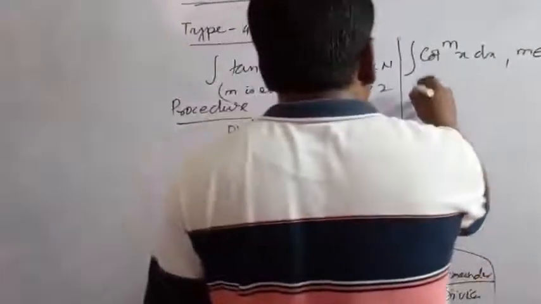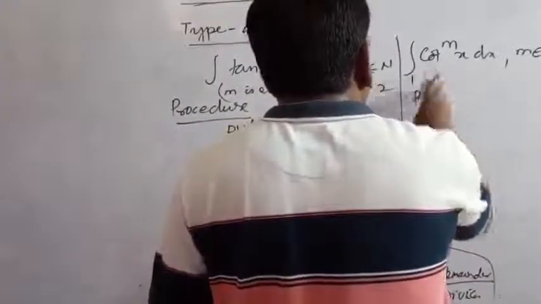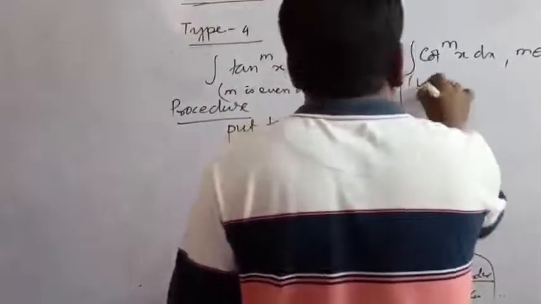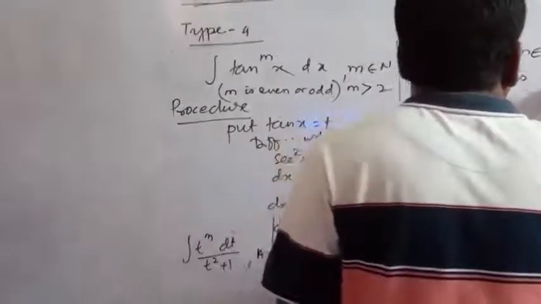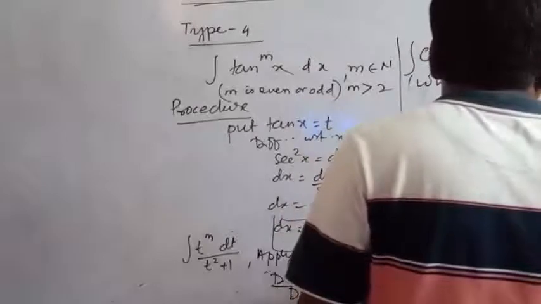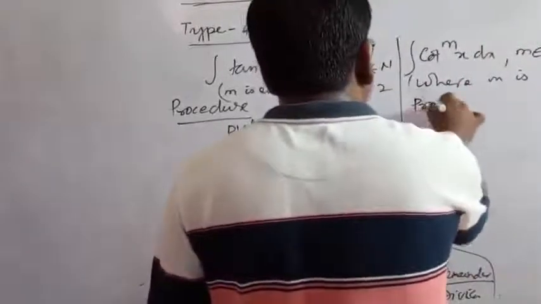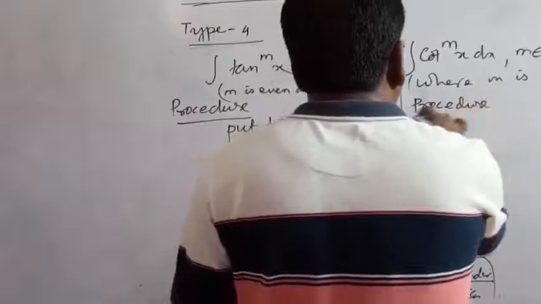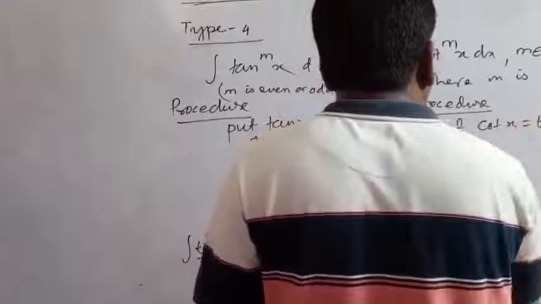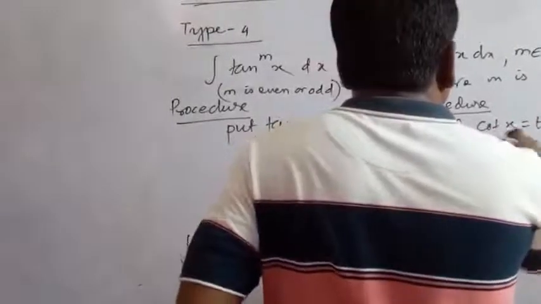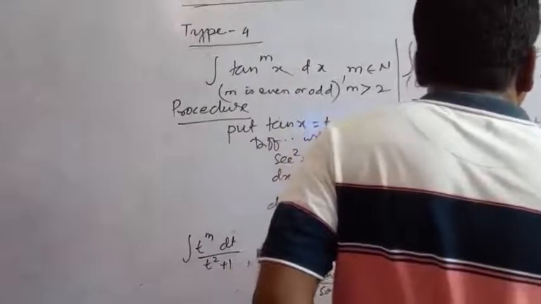Same procedure here, where m is even or odd. Put cot x is equal to t and differentiate, that is minus cosec square x dx is equal to dt.